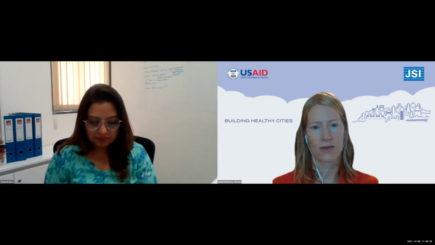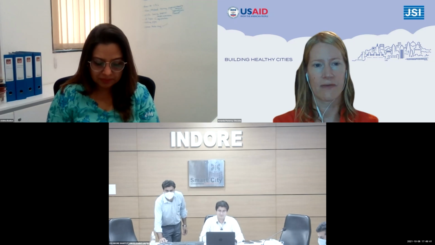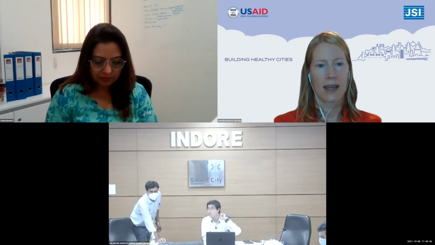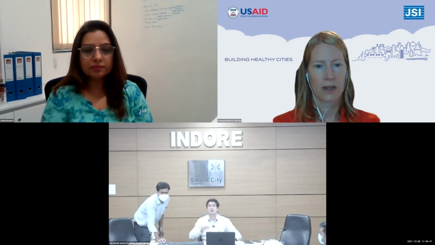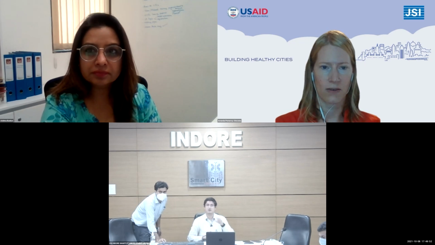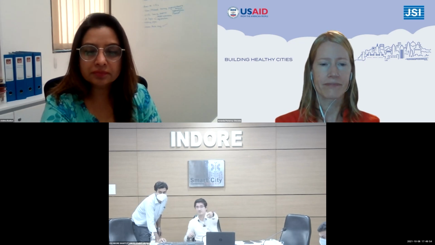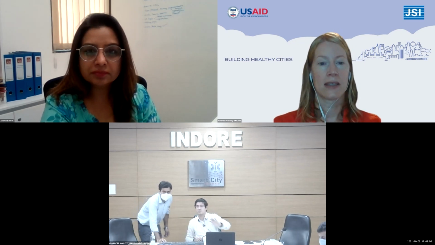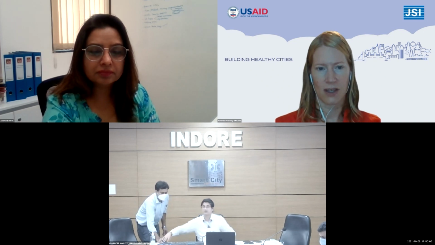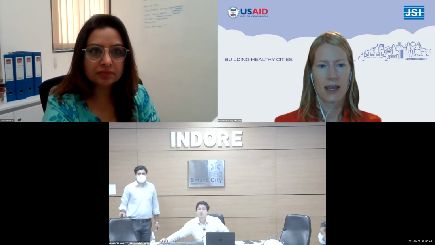He is the CEO of the Indore Smart City Development Limited, a 2014 batch IAS officer in the Madhya Pradesh cadre. Indore became India's first city to earn 5 million through carbon credits, which he'll touch upon in this presentation.